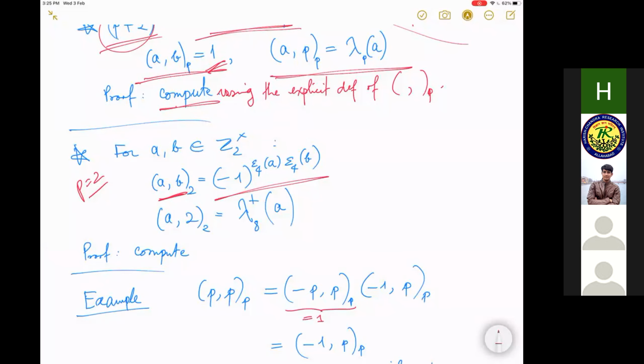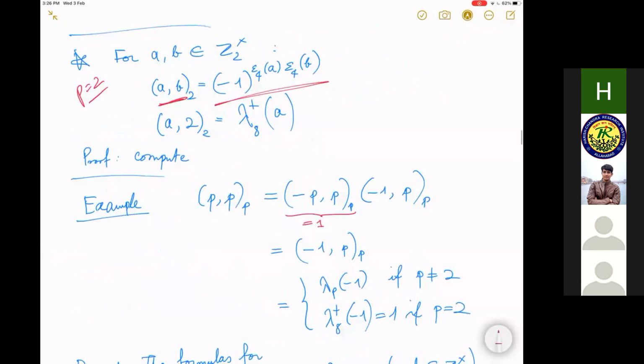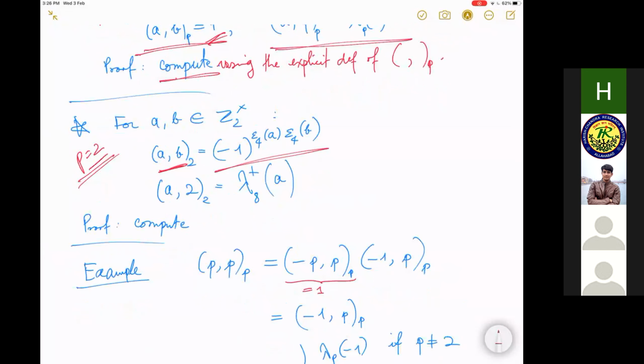Okay, so let's continue. For P equal to 2, you have these formulae. A and B are units.